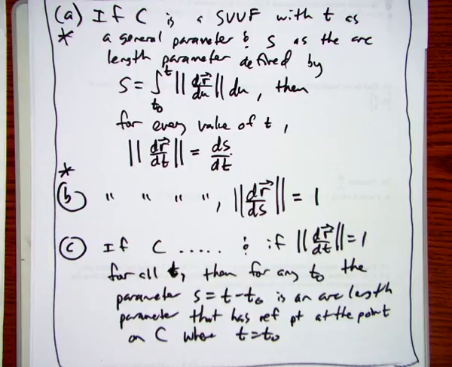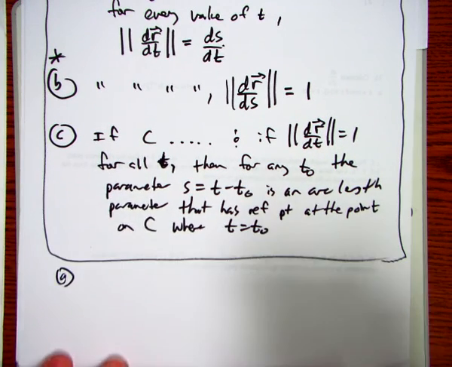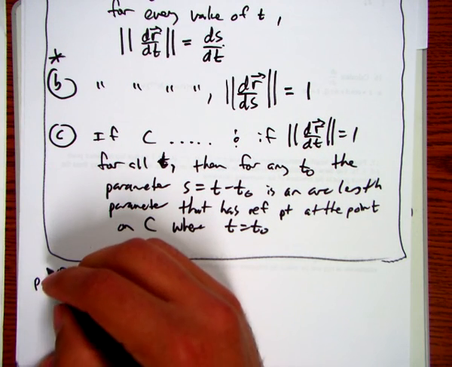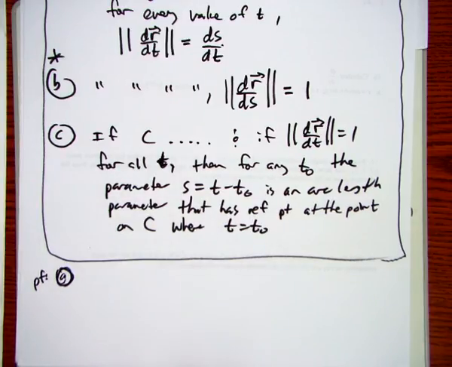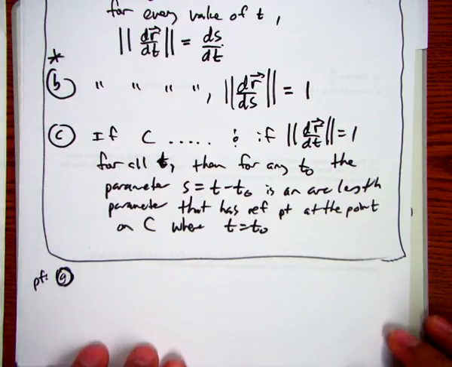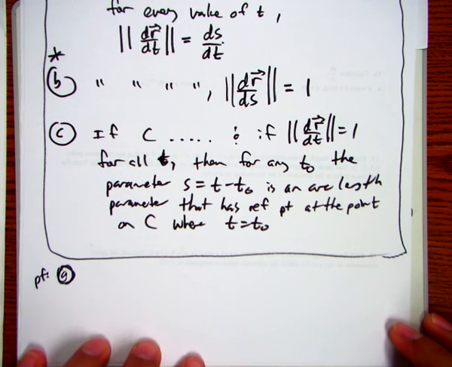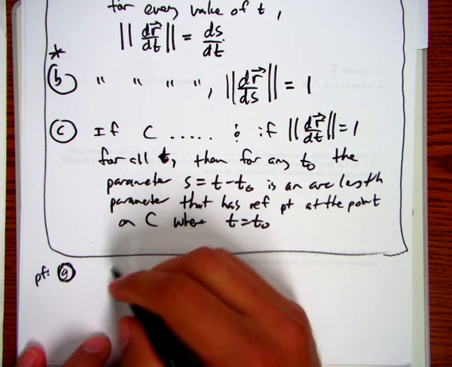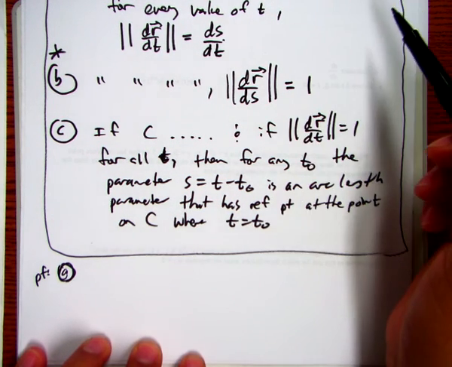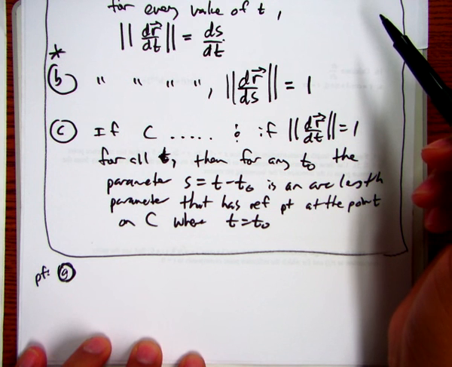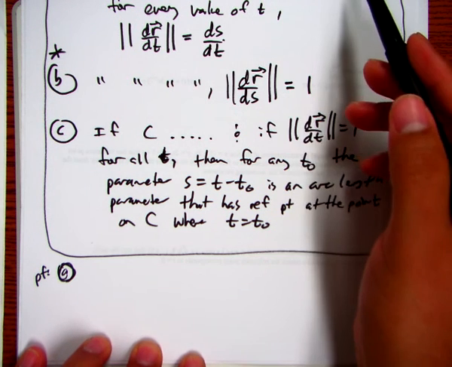I can prove one of them. We have a couple minutes. Let's talk about A. This is one that you could expect to see. It's not too hard. So let's just start with what we know.